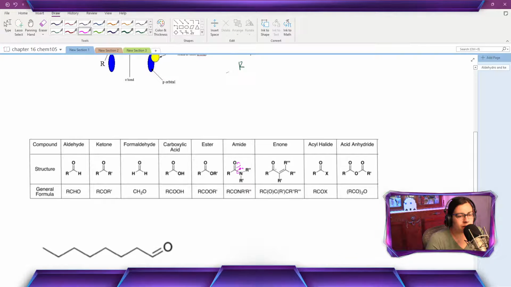This double bond can move, and those electrons can move up. And then acyl halides are also similar. So we've got this double bond here and then some halide. And acid anhydrides are also popular.